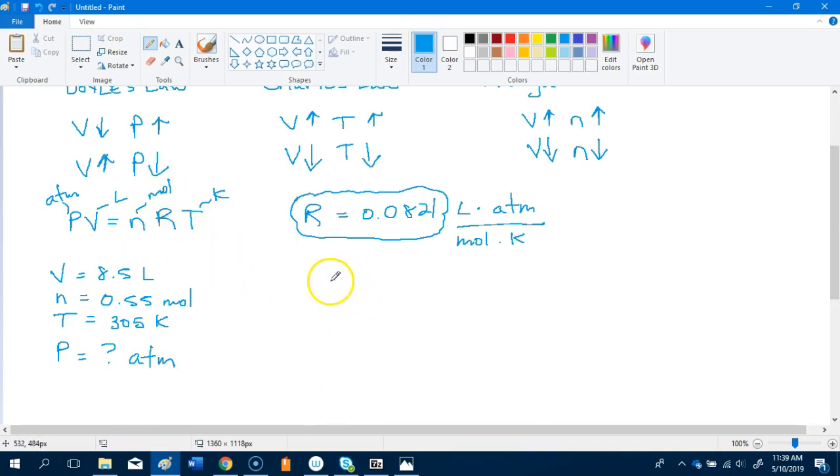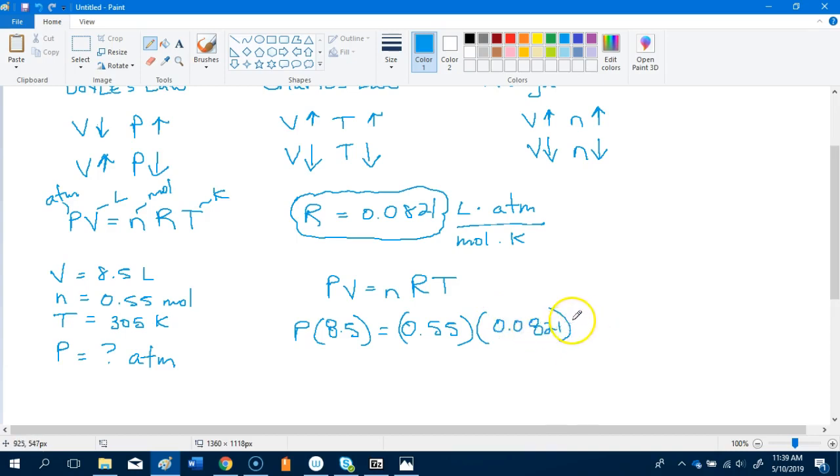We're going to use the formula PV equals nRT to solve for P. We set this up with the pressure times our volume of 8.5 equal to 0.55 moles times the ideal gas constant, 0.0821, times our temperature in Kelvin, which is 305.